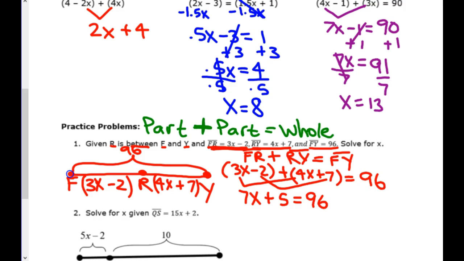So my loner here is 5, so we're going to subtract 5. 7x equals 91. And just like we did up top to the right here, 91 divided by 7 is 13. Okay. So this is called the segment addition postulate, where we're combining parts equal to the whole.